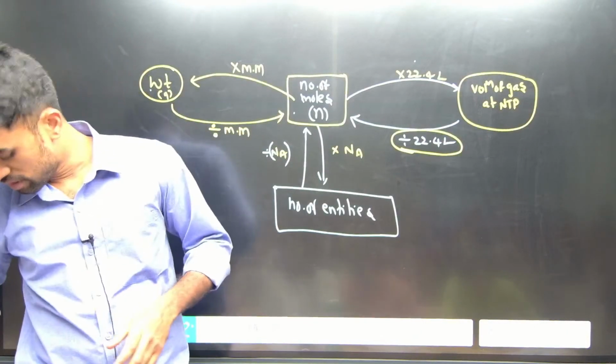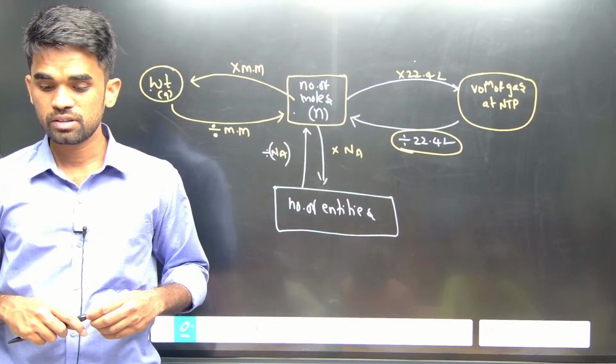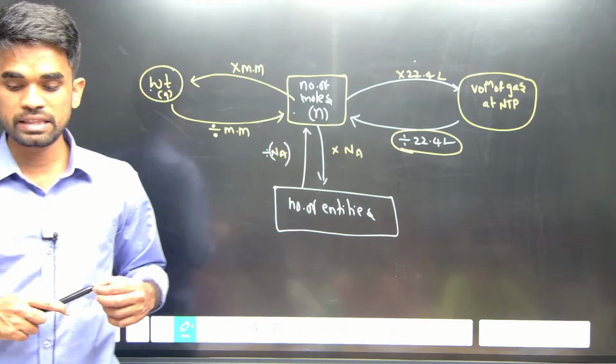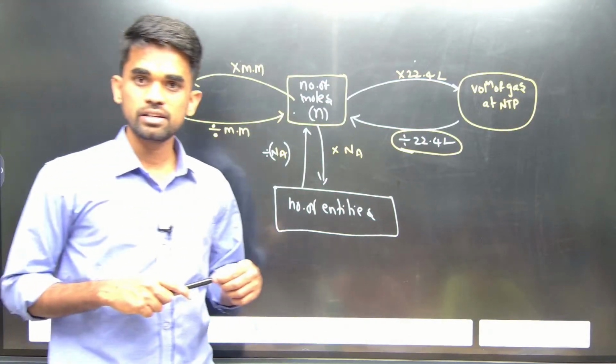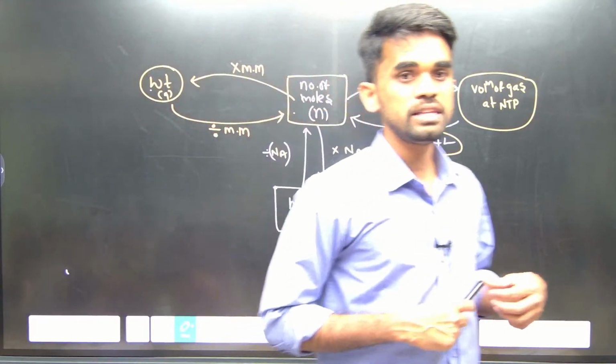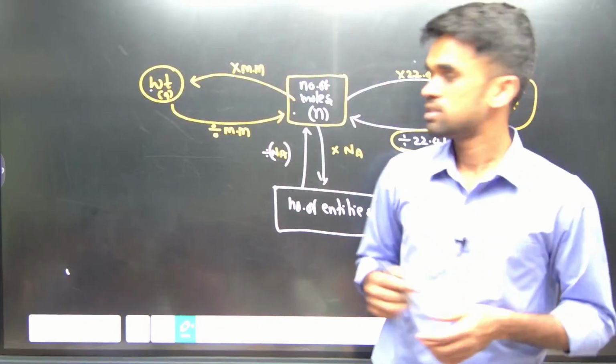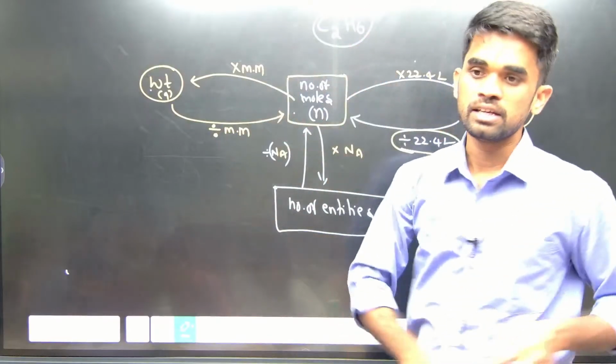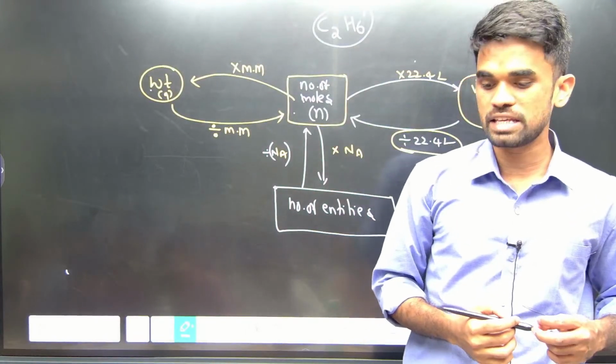60 grams of ethane is given. What is the formula of ethane? C2H6. 60 grams of ethane is given.